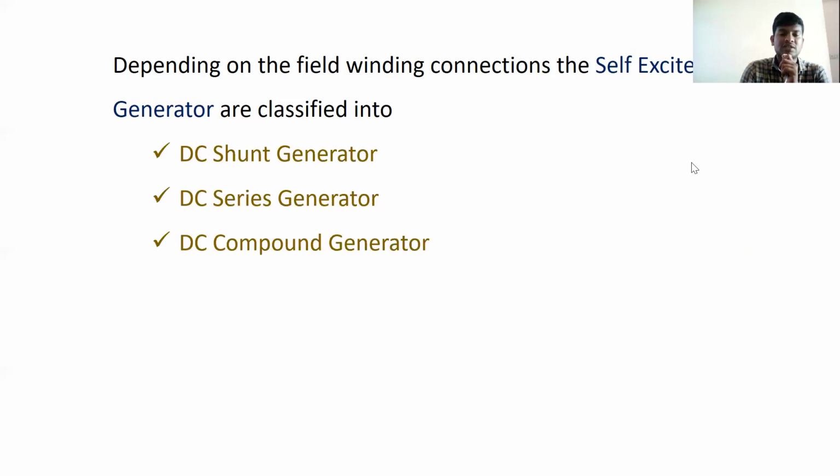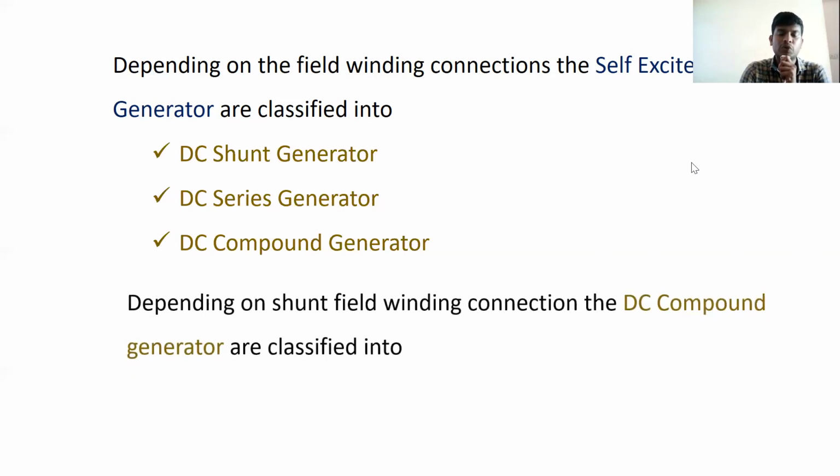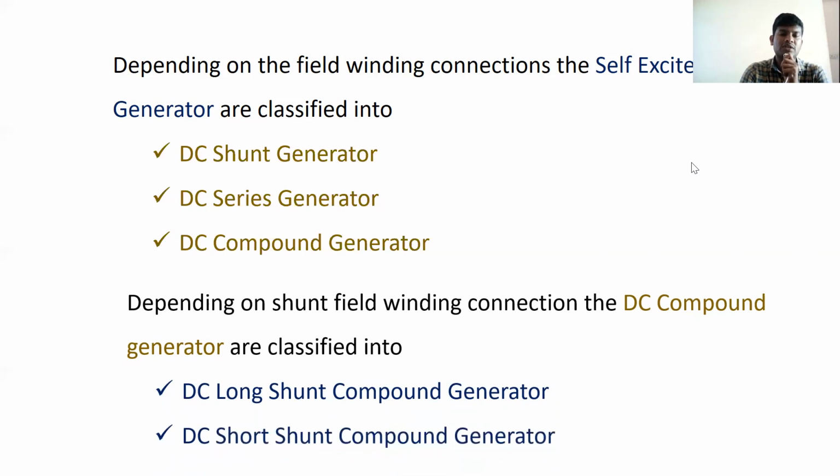In DC compound generators, compound means a combination of two, a combination of series and shunt connections. Based upon these connections, the DC compound generators are again classified into two types: short shunt compound generators and long shunt compound generators. These are the types of DC generators.